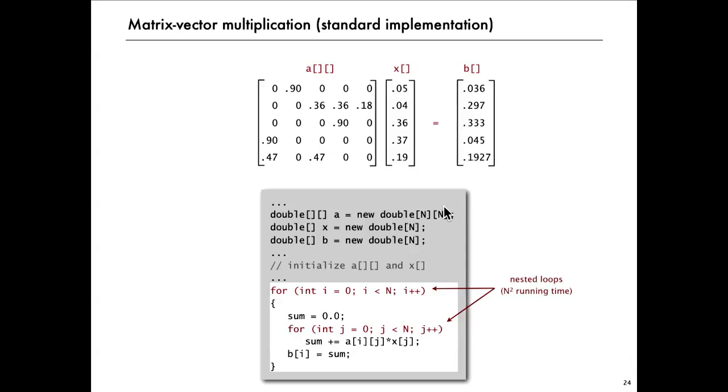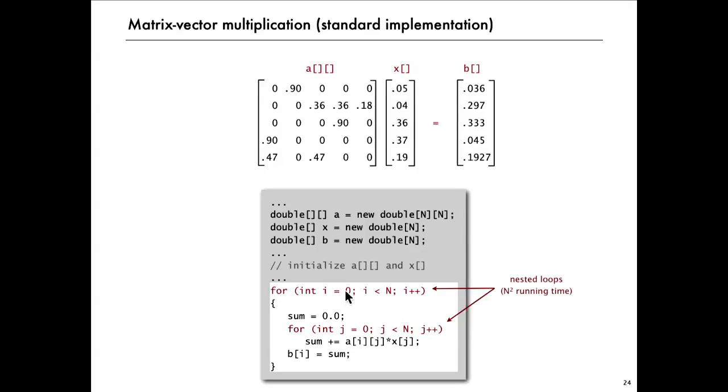We have a two-dimensional matrix, and a one-dimensional column vector for the multiplicand and the result. Then they get initialized in some way, but the main computation is a pair of nested for loops.